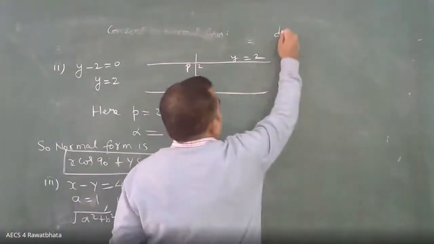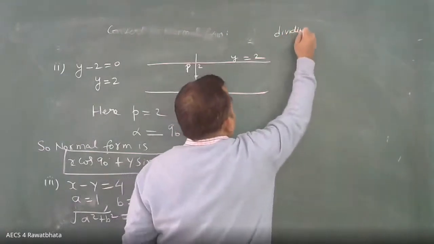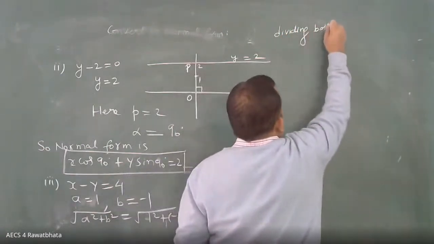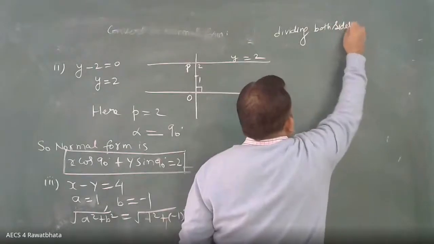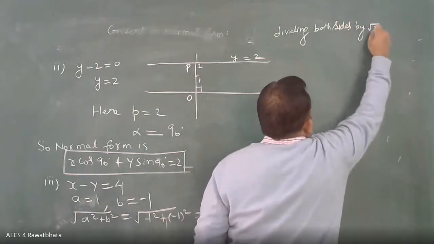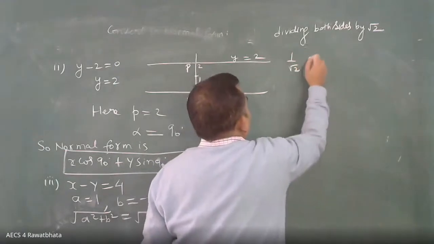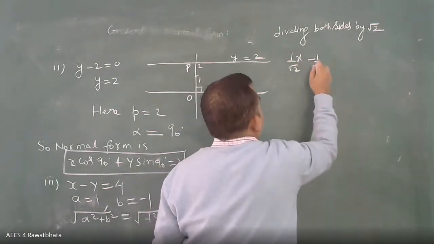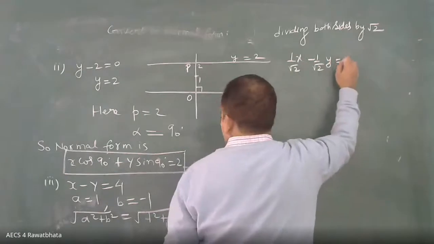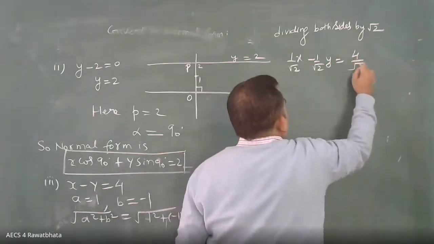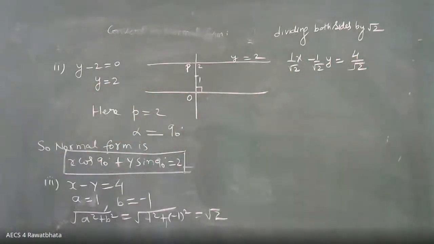So dividing both sides by root 2, it will become 1 upon root 2 x into minus 1 upon root 2 y is equal to 4 upon root 2. Yes, Netra, what next?